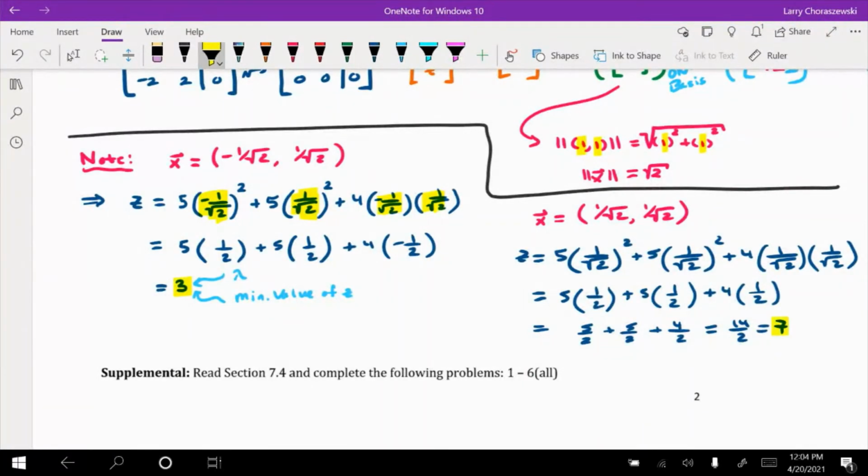And lo and behold, with a basis vector for the eigenspace corresponding to lambda equals 7, when we plug that basis vector in after it's unitized, we get the eigenvalue, and this doubles up as the max value of z.